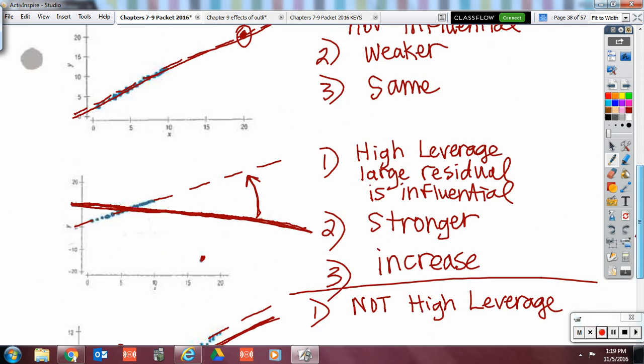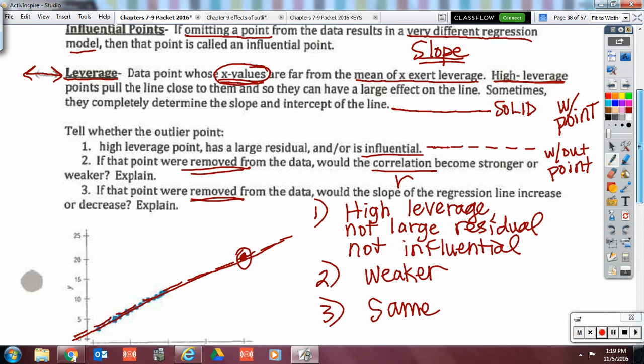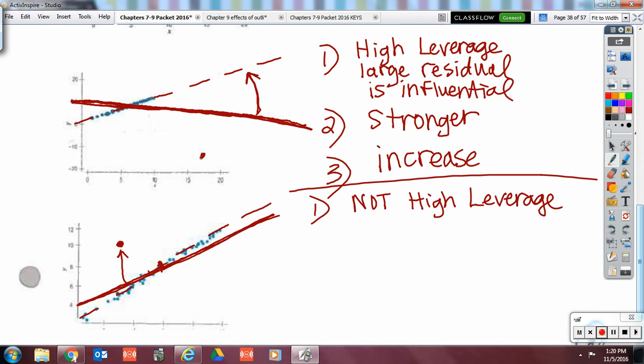All right. Oh, and then we have more. Does it have a large residual? Yeah, probably. It does have a large residual. Okay. Is it influential? Removing that point, going from solid to dotted, is it significantly impacting the equation of the line?